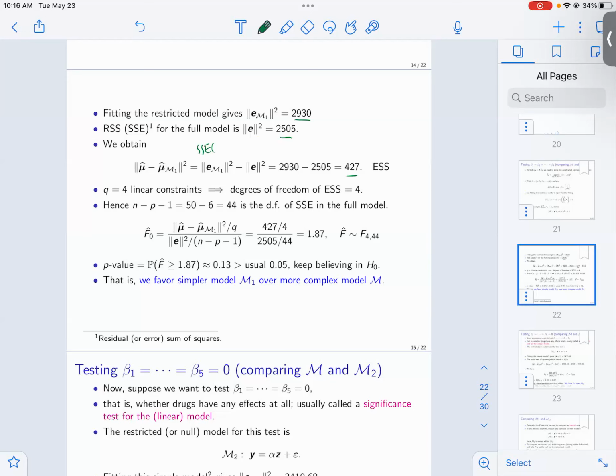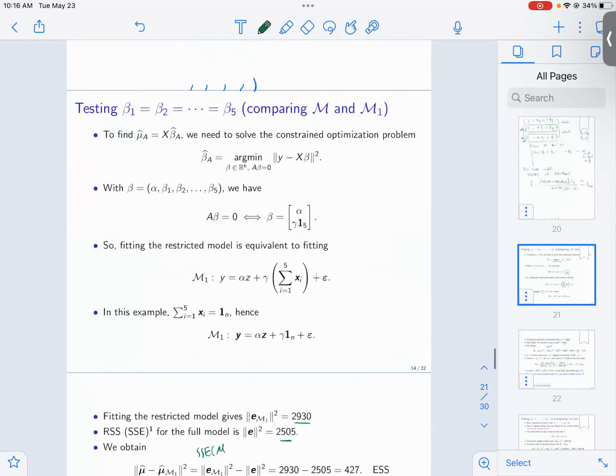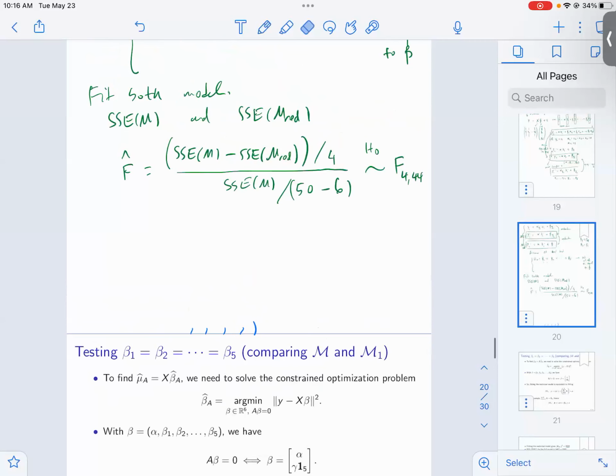SSE of, oh, okay, I made a mistake here. The mistake was the order here. SSE of M reduced is bigger. M is the bigger model, so it will have a smaller SSE.